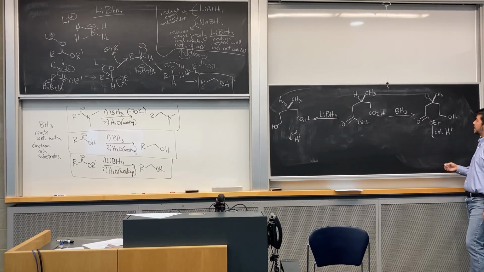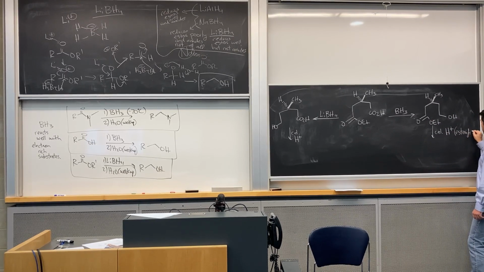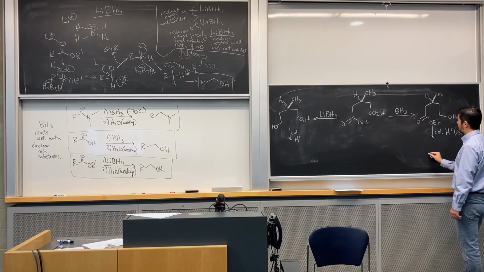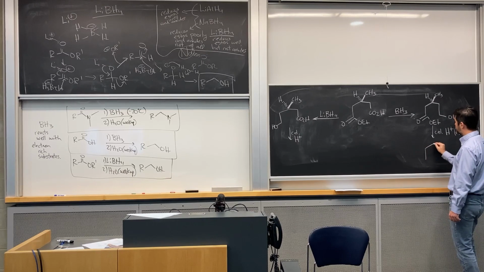And we could also imagine this group coming off, so we'd undergo some type of esterification. The molecule that you would get would be an ester, an intramolecular ester, which is also known as a lactone. So let's draw what that is.